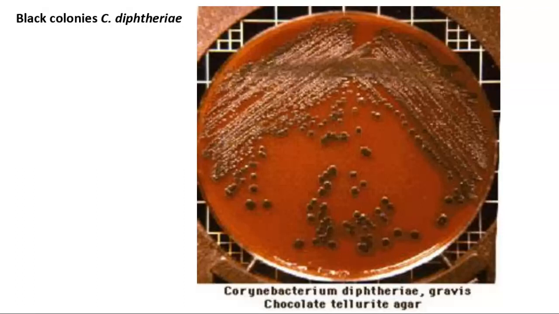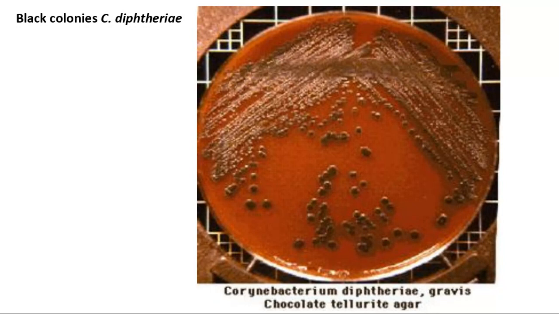If you see the blood agar along with the beta hemolysis, remember that the organisms are group A streptococci. Sorry, group A is Streptococcus pyogenes, not pneumoniae. Let me correct myself.